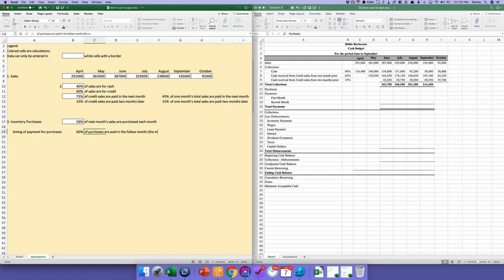The month following purchases. And the rest are paid 2 months after purchase.